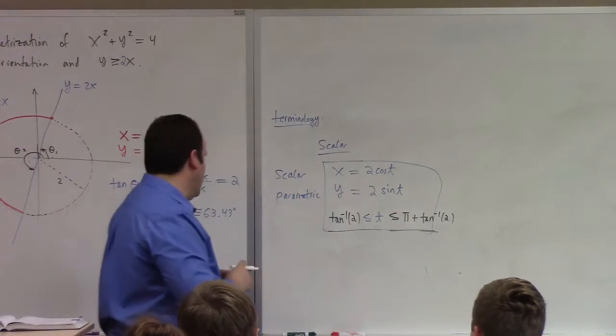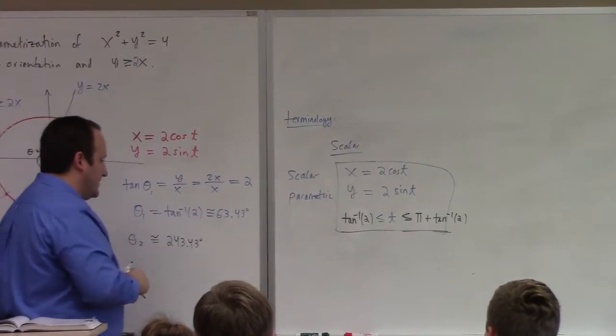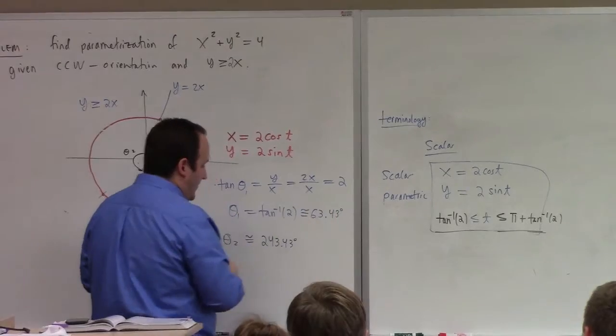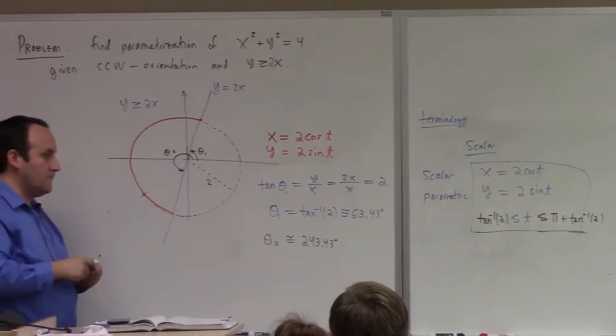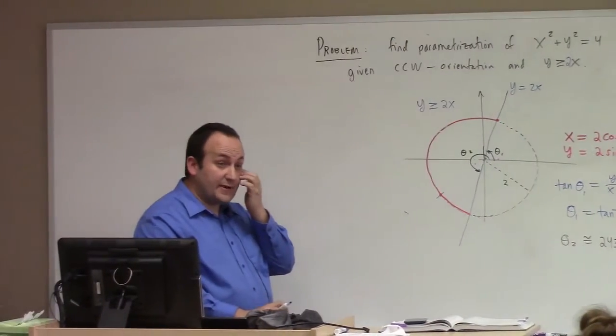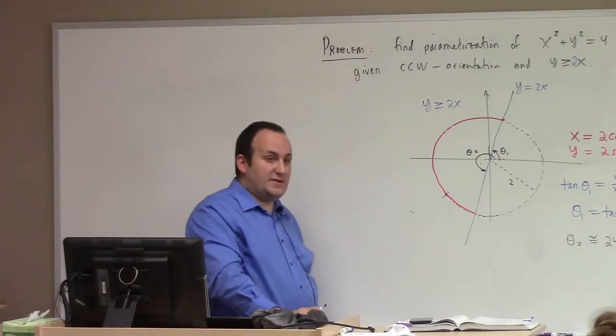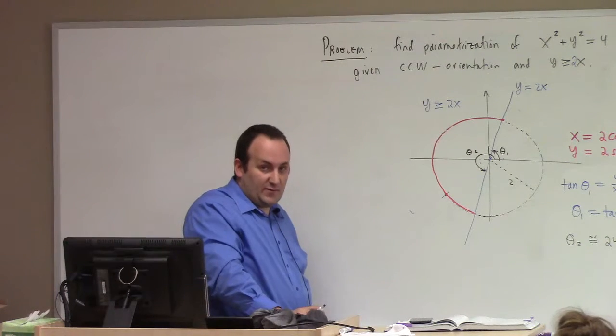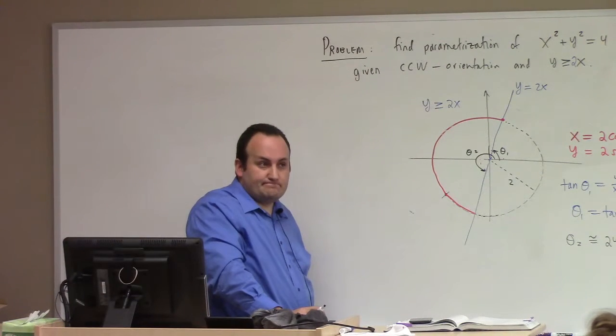I mean, I really should write my answer in terms of radians. I'm sorry. Maybe I should put the degrees in a parenthetical comment or something, because we're using radians when I write 2 cosine t and 2 sine t, right? If you put 63.43 in for t, you'd be wrong, right?